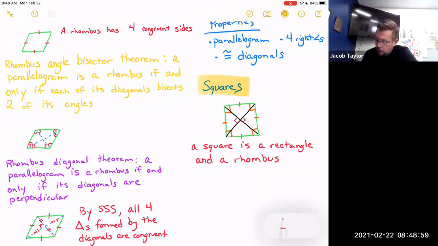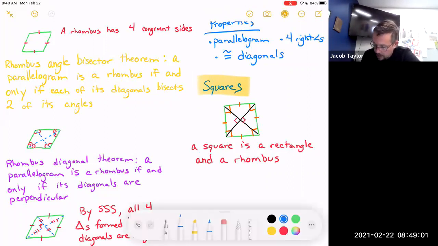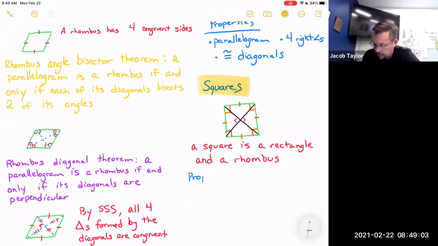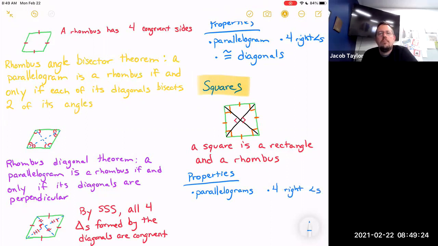All right, sharpen your pencils, kids. Here come the properties of a square. They're parallelograms. They have 4 right angles. They have congruent diagonals.